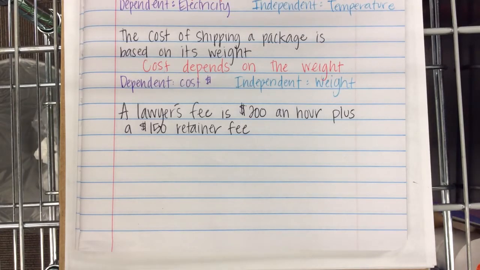Time and money, correct? So does the amount of money I'm going to spend depend on how much time I use? Or does how much time I use depend on how much money I spend? Which one is the one that I cannot change? Which one is the one that I have control over?